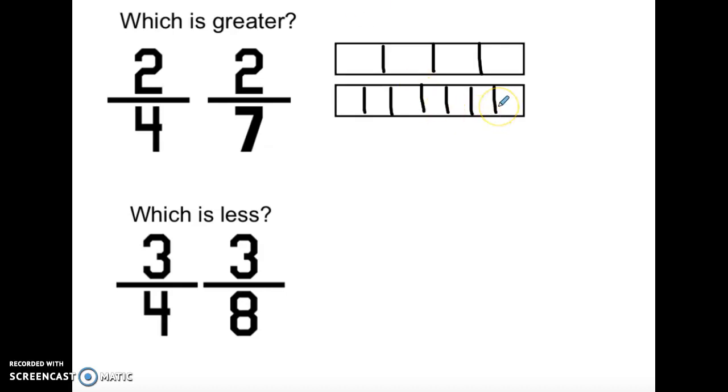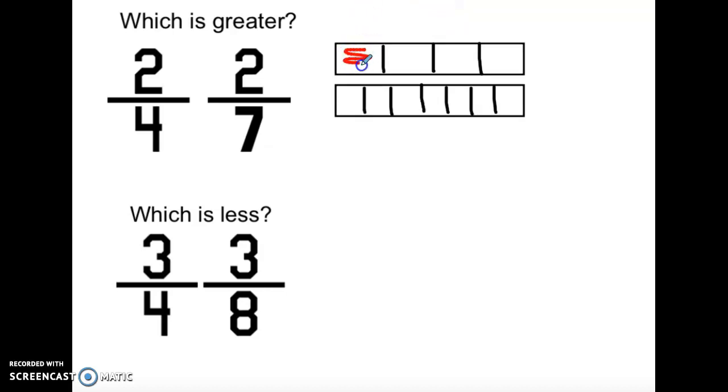So you'll notice the whole thing is the same. If we're thinking of this as candy bars, the whole candy bar is the same size. This person cut their candy bar into 4 equal pieces, and the other person cut their candy bar into 7 equal pieces.